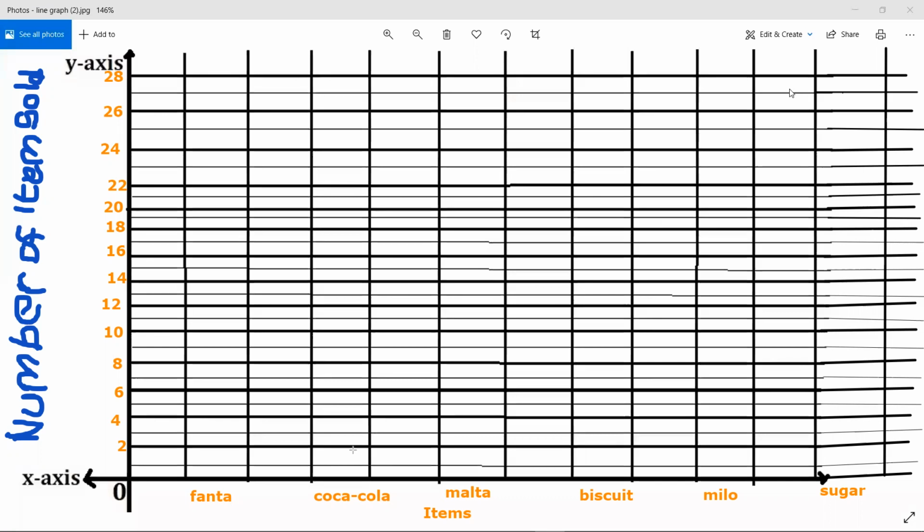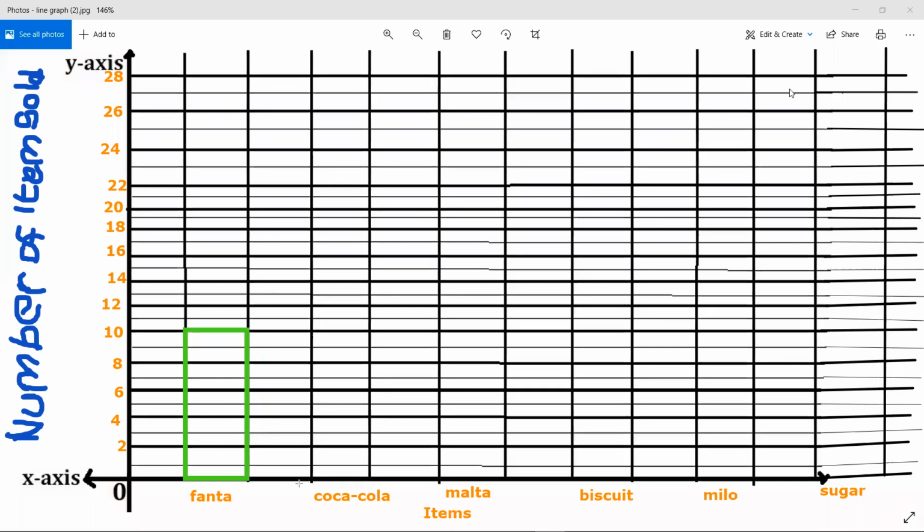Fanta, the number of items sold was 10. So you draw your bar. That is 10. So the Fanta is 10.